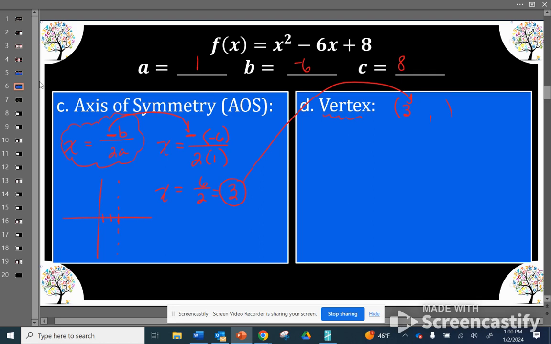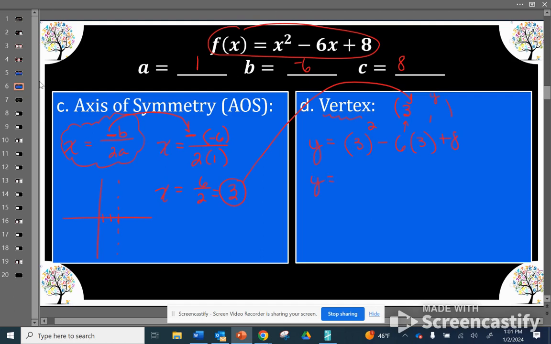So to find the y part of our vertex, we are going to take the x value and insert it into our function. So the y value of our vertex is taking that axis of symmetry value 3 and inserting it into our function.